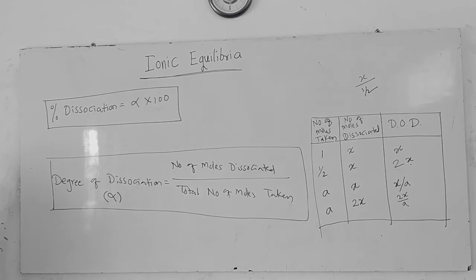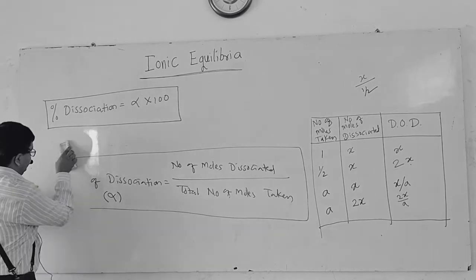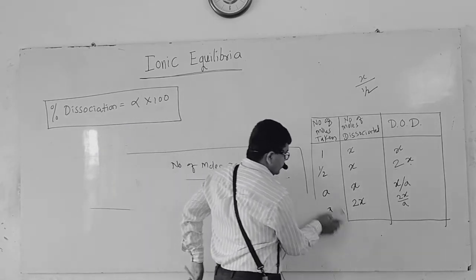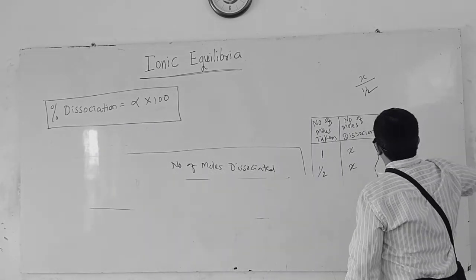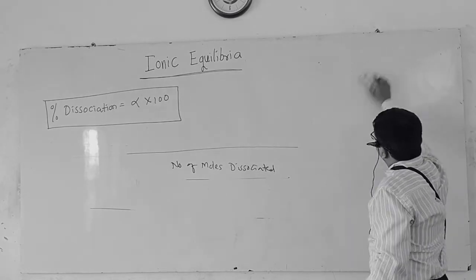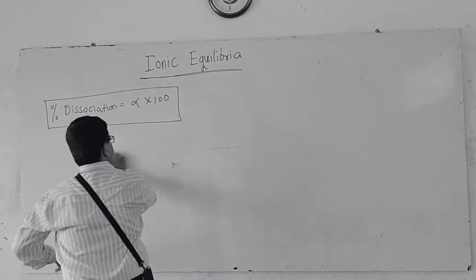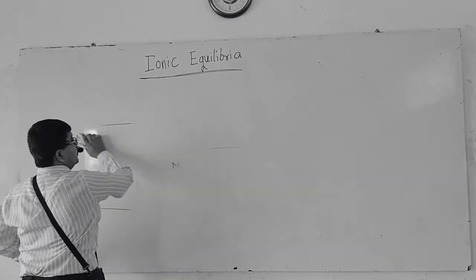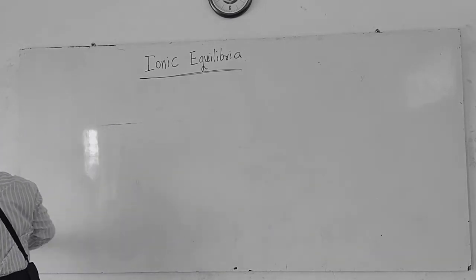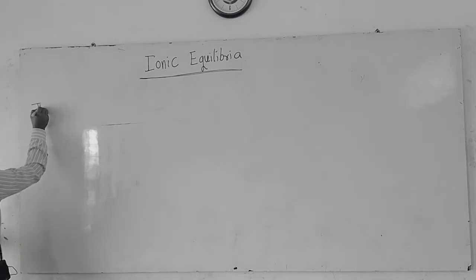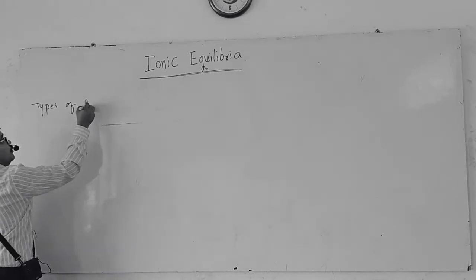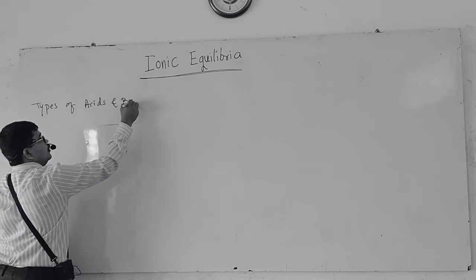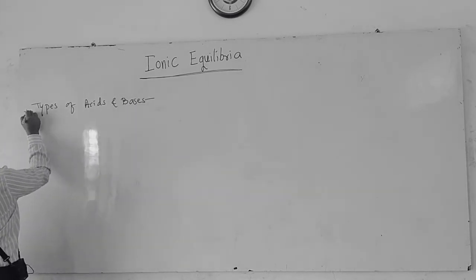The point is types of acids and types of bases. There are three types of acids and three types of bases for your syllabus. Last year already you have studied types of acids and bases.